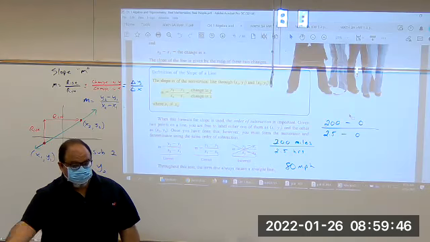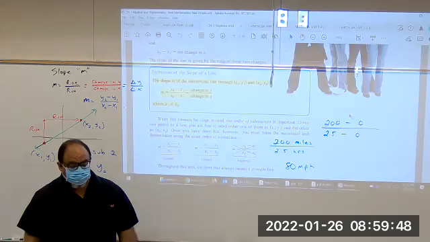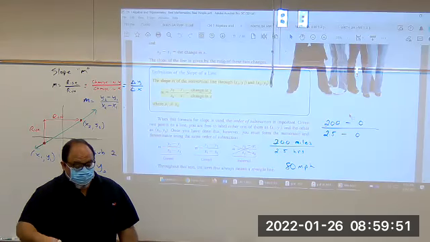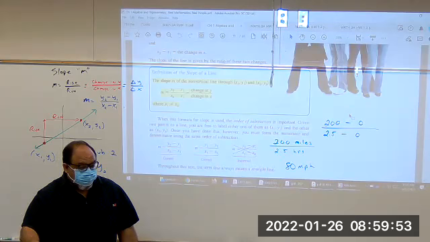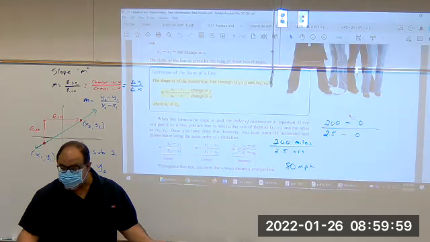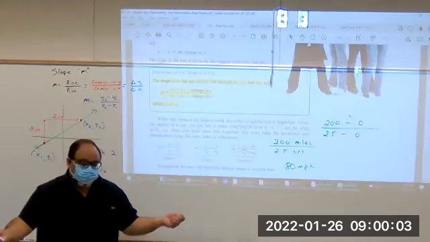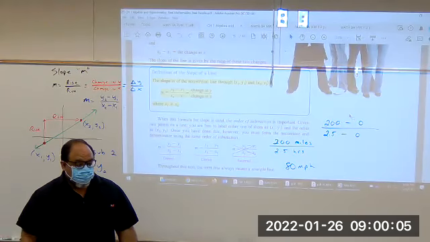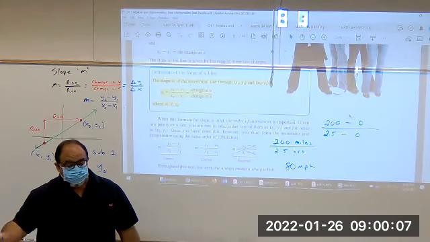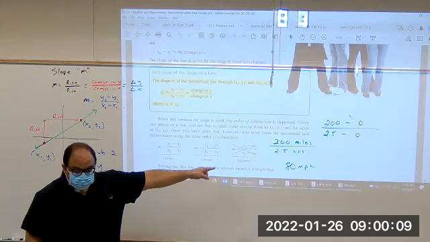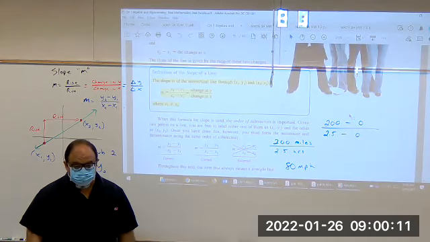Now, here's how these things actually work. In calculus, there's something called the mean value theorem. Mean is average. When you take a mean of something, the mean of all your test scores, you take the average of your test scores. The mean value theorem says this is an average velocity, an average speed.